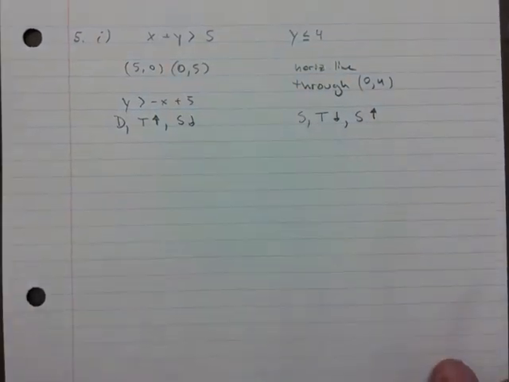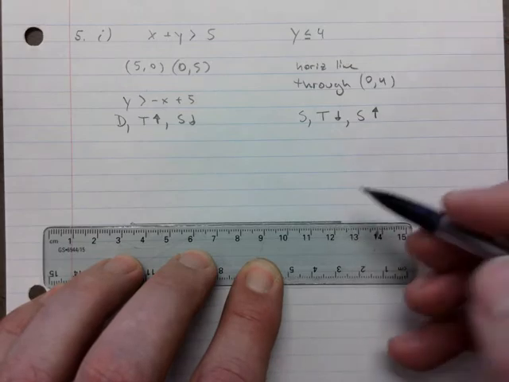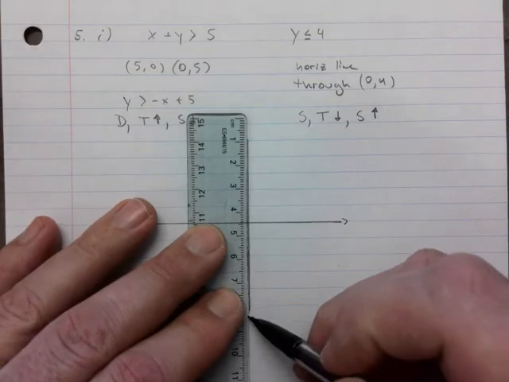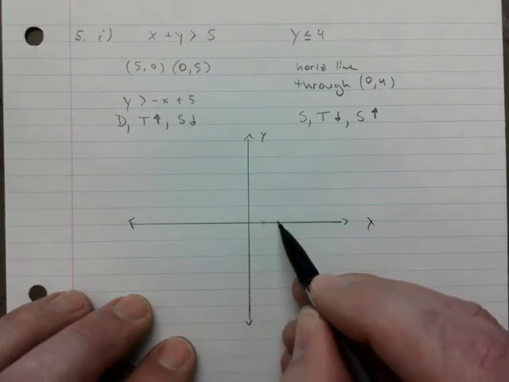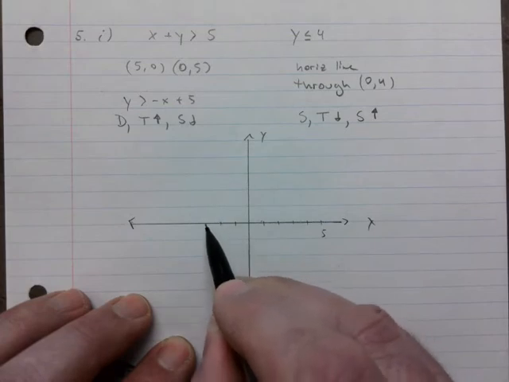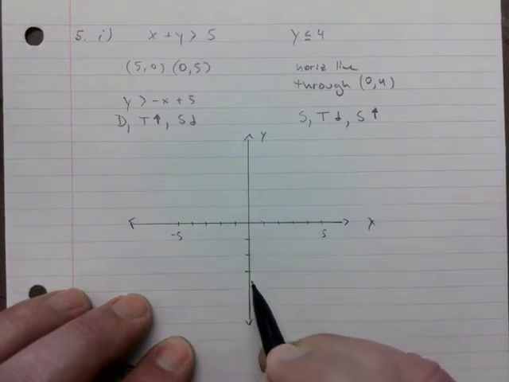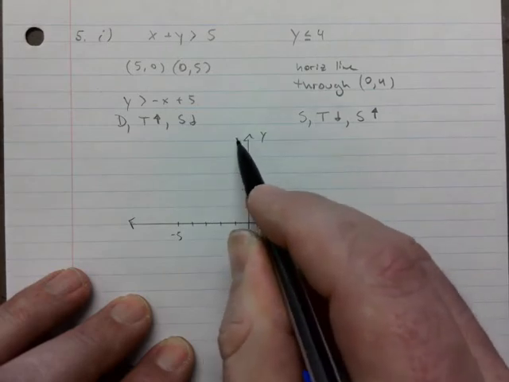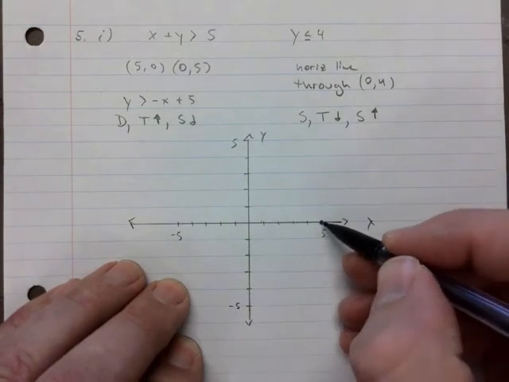And so one, two, three, 4, 5. Five each way. And so we have 5, 0, 0, 5.